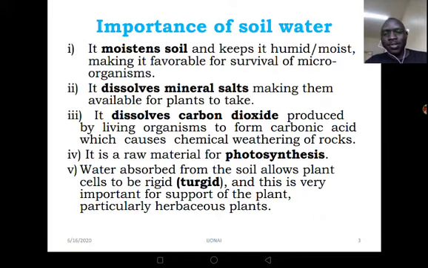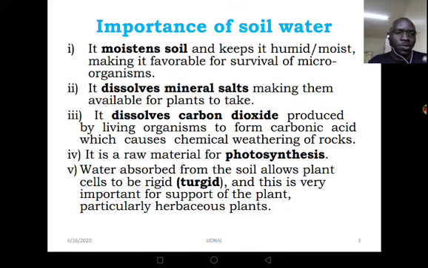That's great. So is the water important? This water that we find in the soil, is it important? Yes, it is. And I want to look at the importance of soil water. To begin with, water moistens and keeps the soil humid and moist.